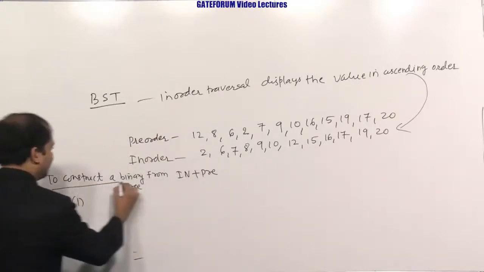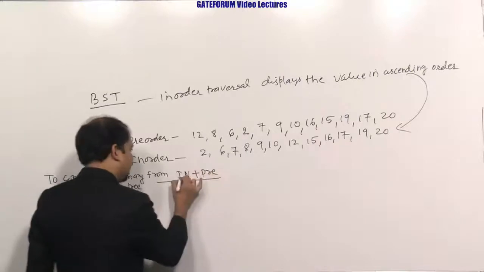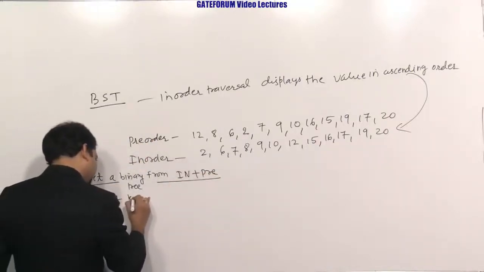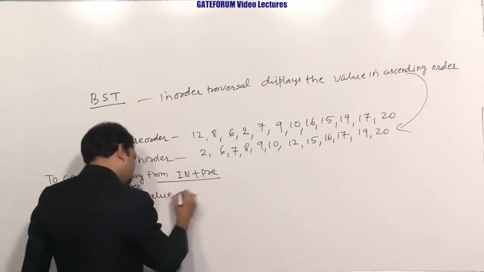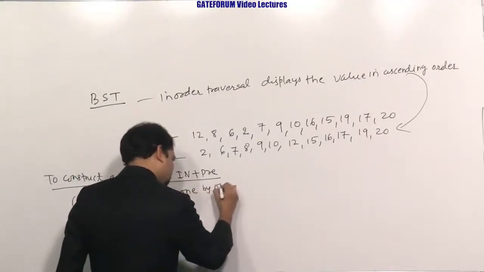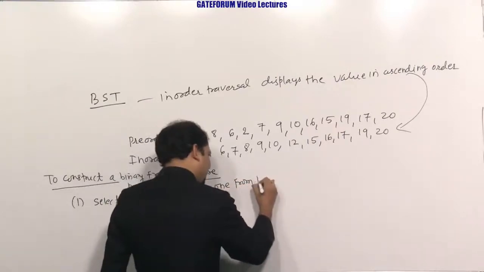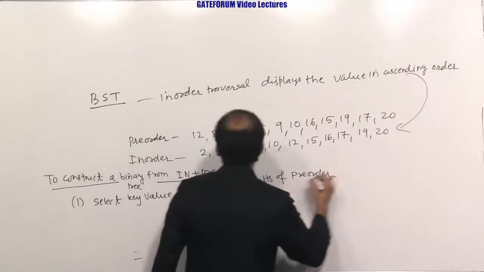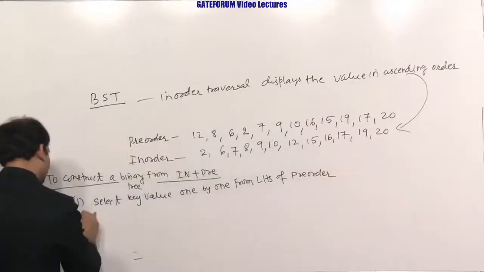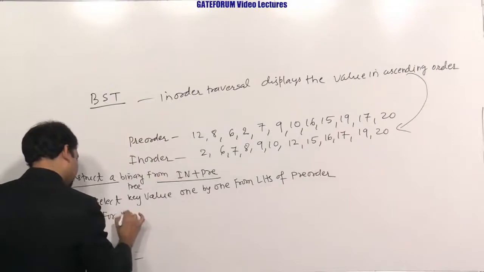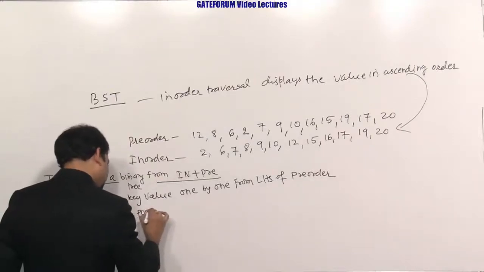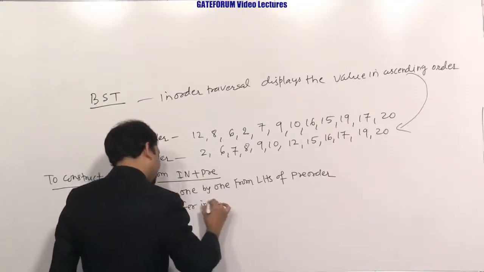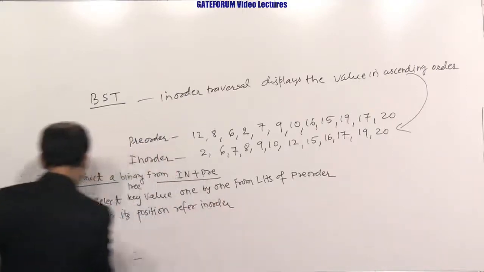So to construct a binary tree from inorder plus pre-order traversal, select key values one by one from the left-hand side of the pre-order, and for each value's position, refer to the inorder traversal. These two lines you have to remember.